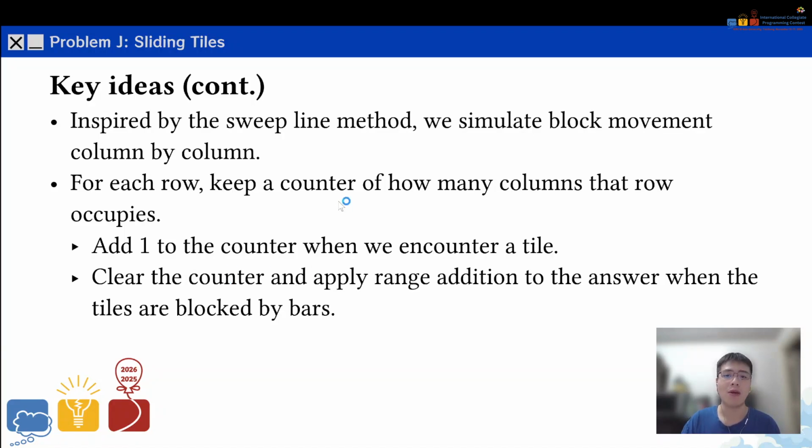And if we encounter a bar instead, we clear the counter, because we know that these tiles would be blocked by this bar. So we set the counters to 0 and apply a range addition to the last columns we examined.